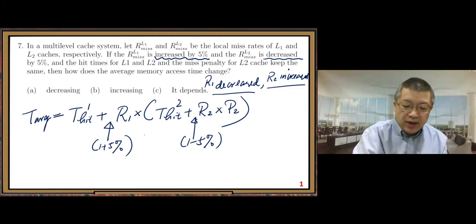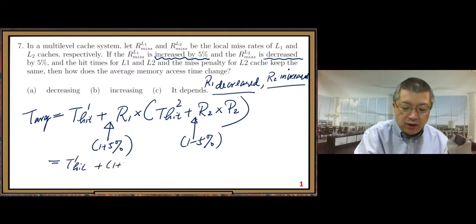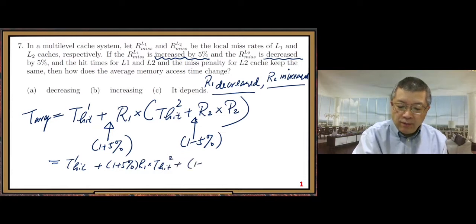If you multiply out, you have 3 terms. The first term is the same as before. The second term, R1 T hit 2, gets a factor 1 plus 5%.